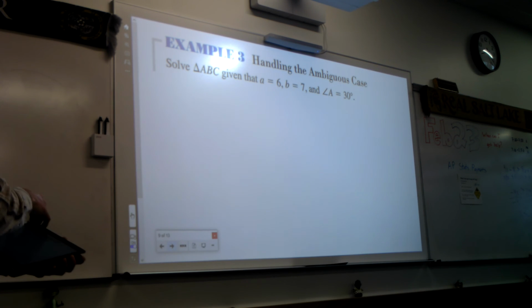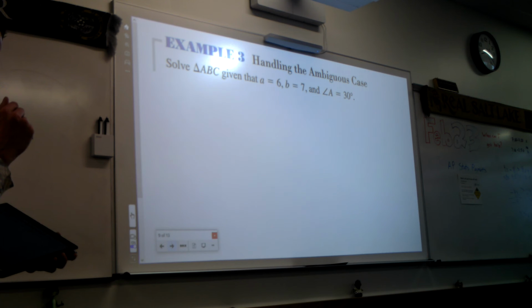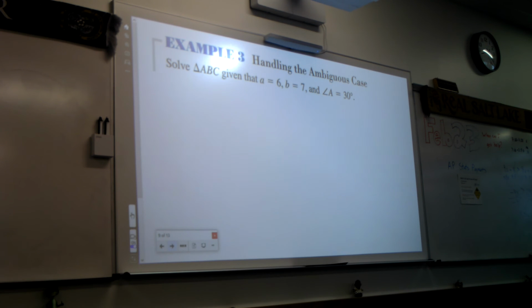Now, let's try to draw this picture again. It's similar to what we saw before, but a little bit different. We've got triangle ABC. We're given angle A is 30 degrees, side A is 6, and side B is 7. So now I'm going to draw this out real quick. I'm going to call this angle A right here, and I want your picture to actually look like mine for this one.